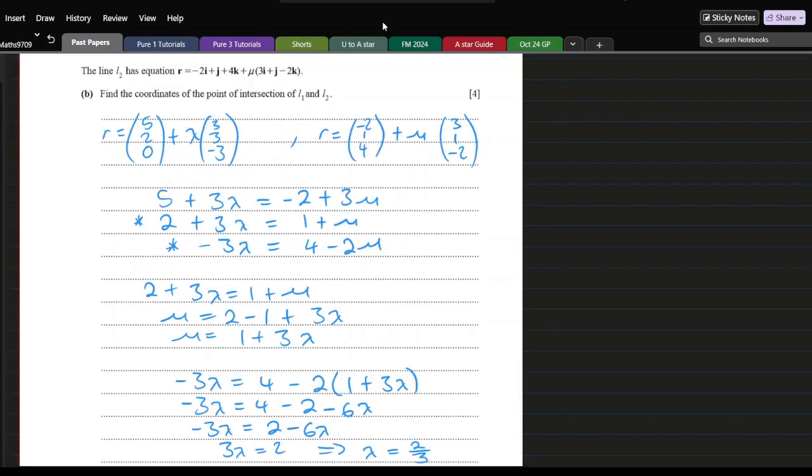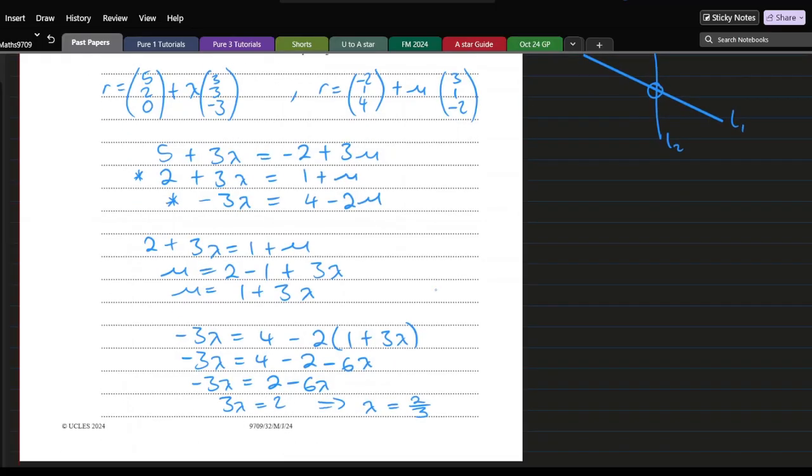So the picture that we have here is a line L1 that is intersecting a line L2. Let's say this is L1 and this is L2, and we're looking for the point of intersection. We've found that at this point of intersection, lambda must be equal to 2 over 3.